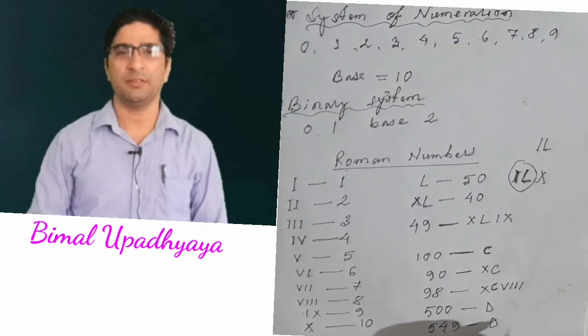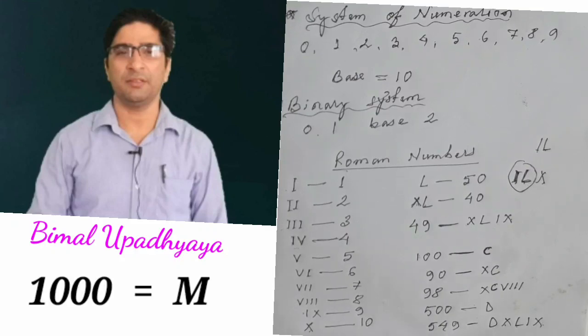This is 500 and 49, which is XLIX, so it is DXLIX. That is 549. Similarly, the last symbol we get here is M. M is 1000.